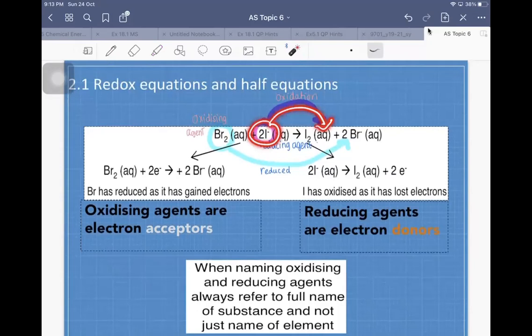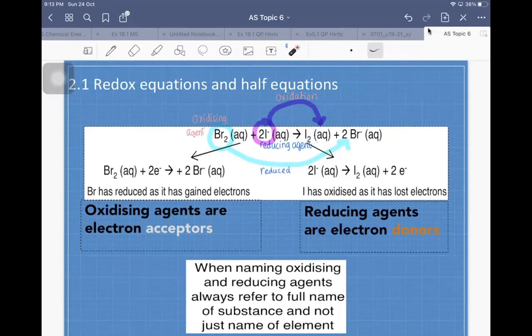Now, at the same time, bromine is also being reduced. Iodide, who is the reducing agent, is also being oxidized. Okay, so actually, your oxidizing agents will oxidize other species, but itself will be reduced.